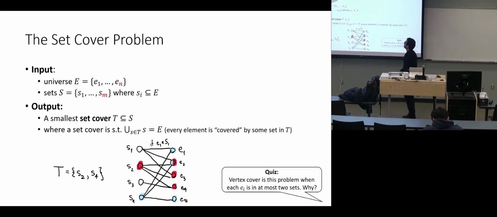But now it can be harder than vertex cover because now you can have any bipartite graph here. But okay, then let me try to present you one super simple heuristic to solve this problem.